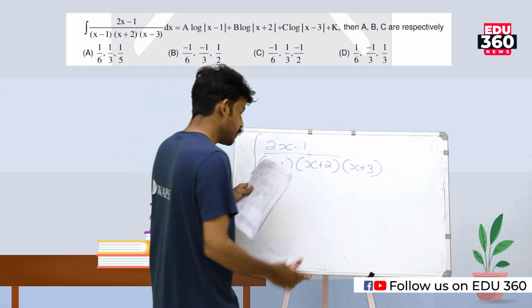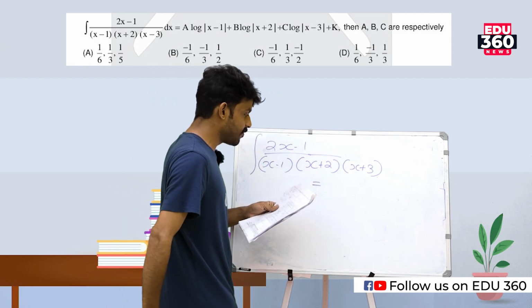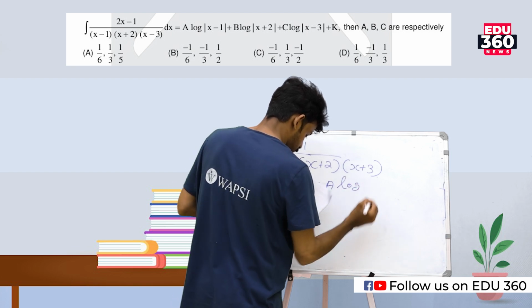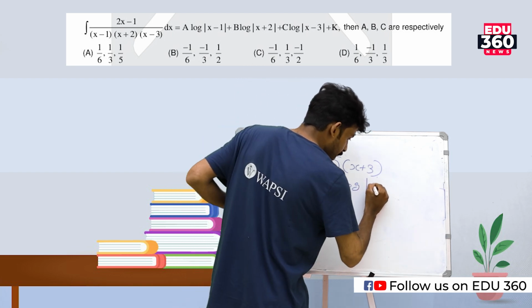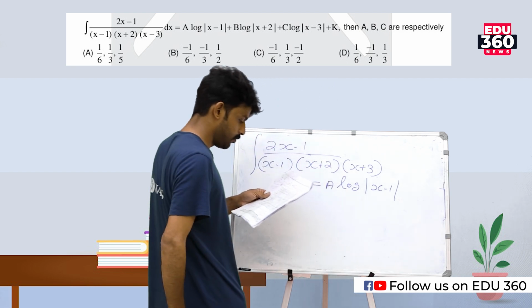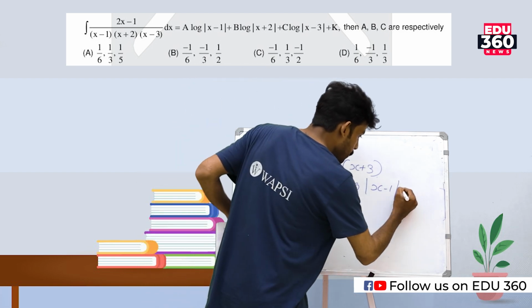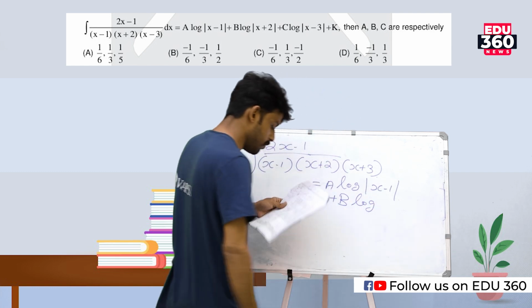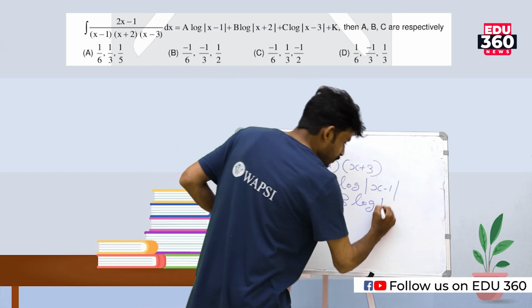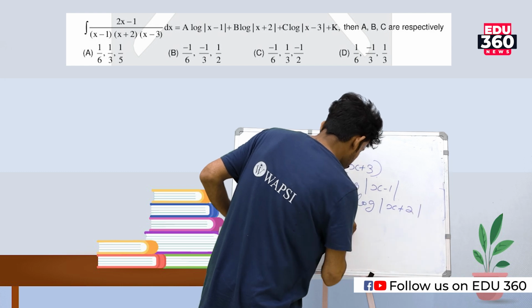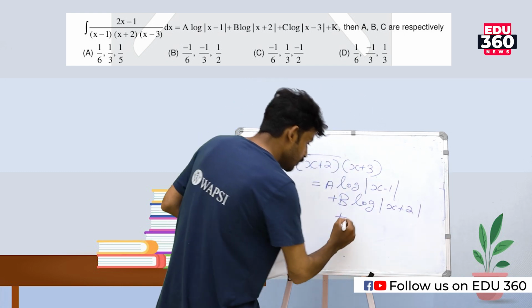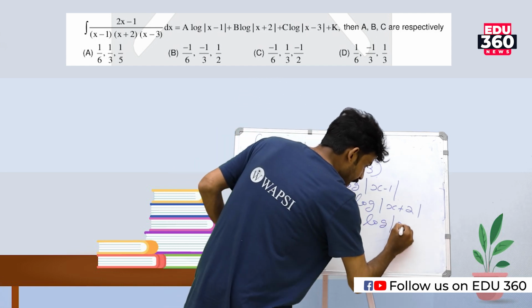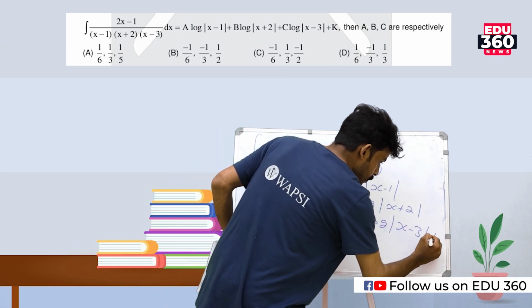That is equal to, let me write the right hand side below here: a log mod x minus 1 plus b log mod x plus 2 plus c log mod x minus 3 plus k.